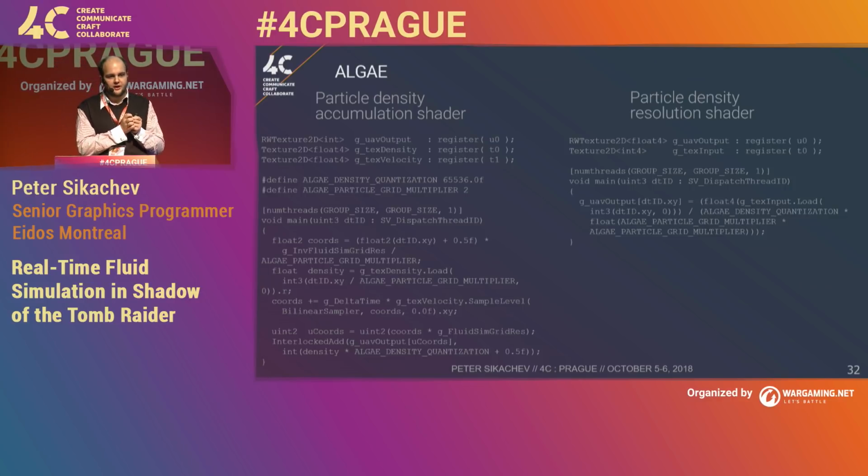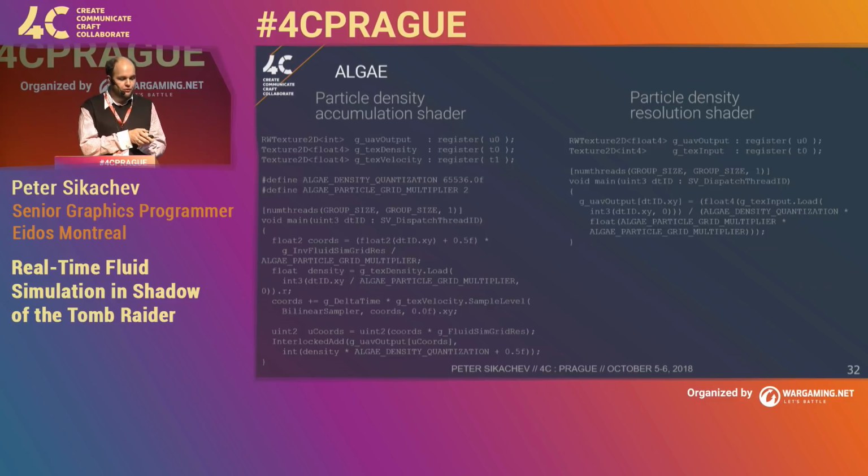And why I do that, you can realize from this last line here, because I use atomic operations to accumulate density. And unfortunately, in shader model 5.0, which is the standard for DirectX 11, you can run atomic operations only on integer values.